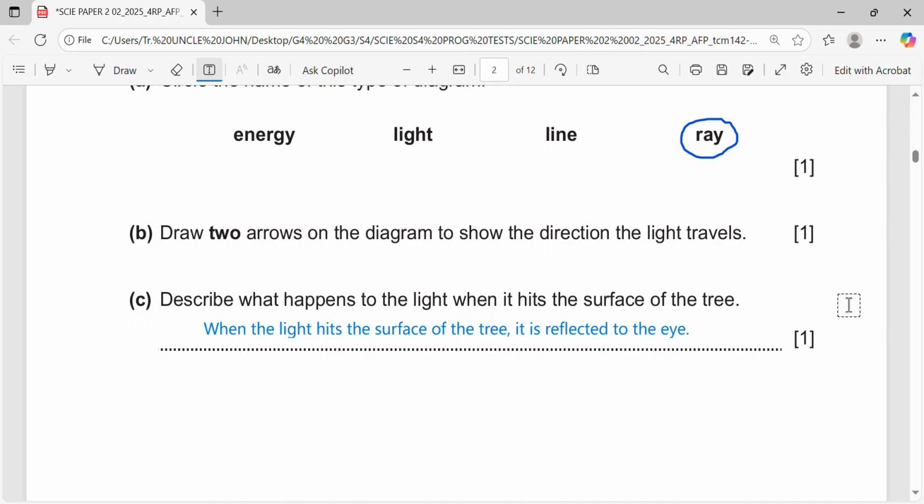You can read the answer. When the light hits the surface of the tree, it is reflected to the eye.